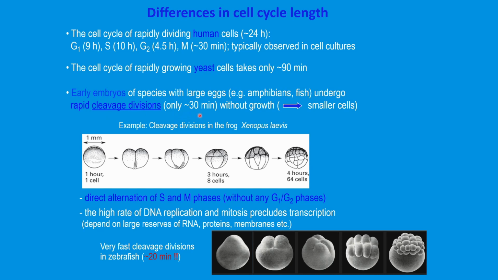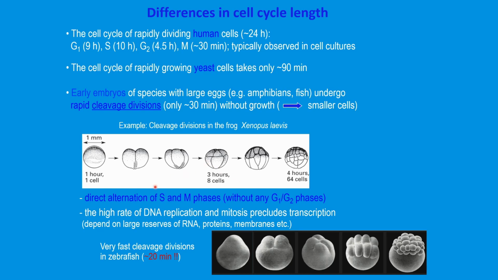It only takes about 30 minutes. This is shown here, approximately how cleavage is. And we mentioned it before, these are reductive divisions where each cell is progressively smaller, half the size. So you don't have growth phases in between. You have a direct alternation between synthesis and M phases without any of the G1, G2 phases.